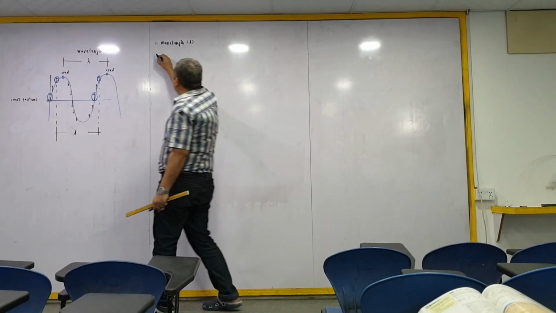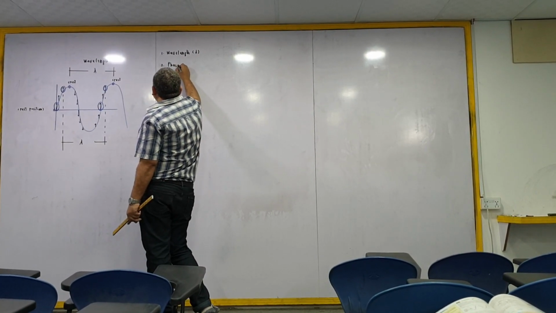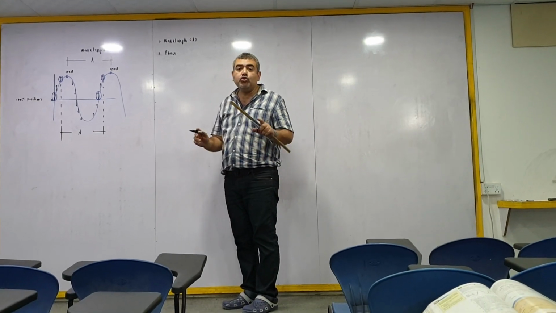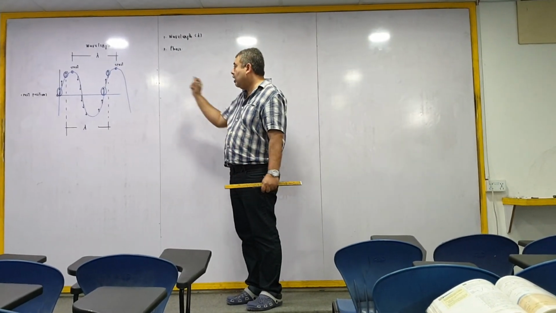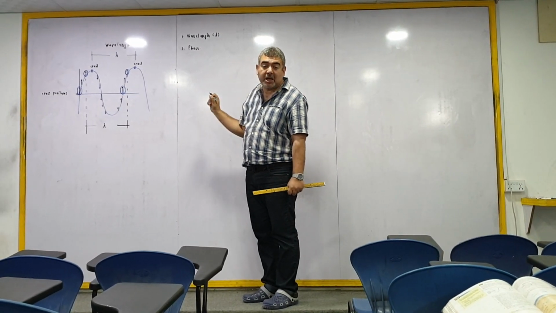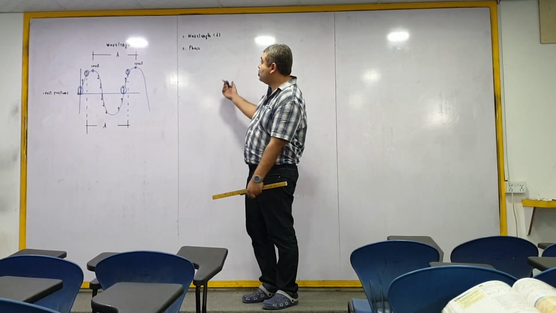The second property is what actually phase is. Now you can define phase. What is phase? Phase is the 2 points of the waves which have the same energy, the same velocity, the same displacement from the rest position, and they are in the same direction as well. They are said to be in the same phase.